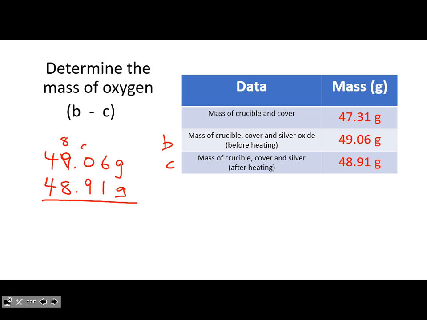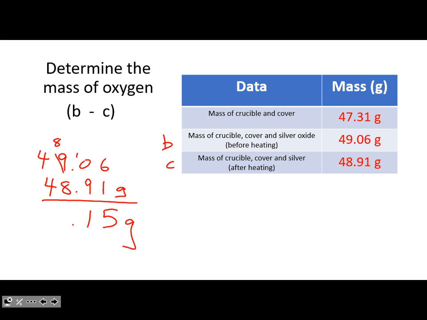Bad borrowing. 49.06, so that's going to give me a 5. Now I need to borrow. 0.15 grams. Is that the correct amount of significant digits, Drake? Absolutely it is. Good. So my mass of oxygen is 0.15 grams.